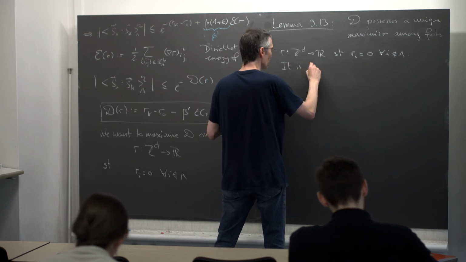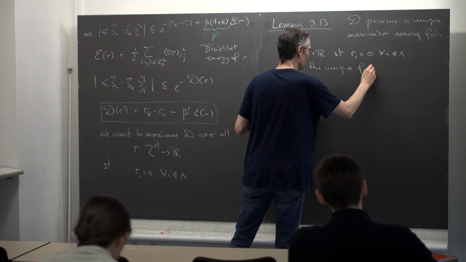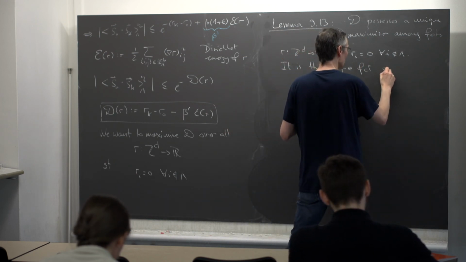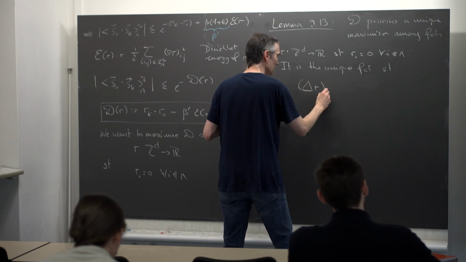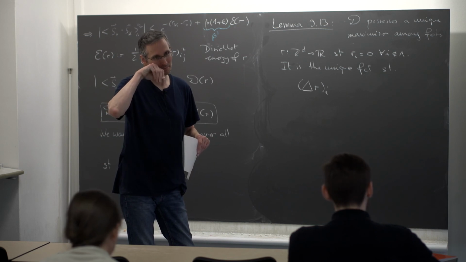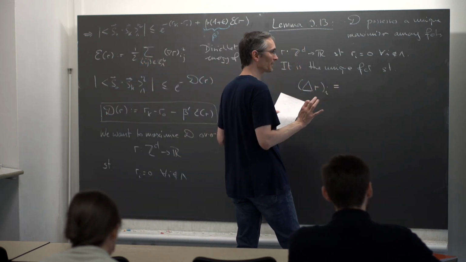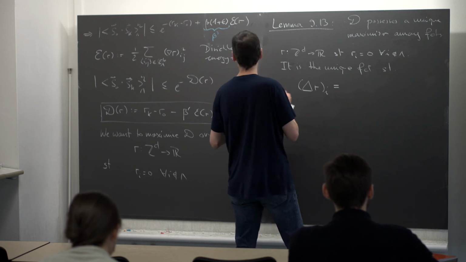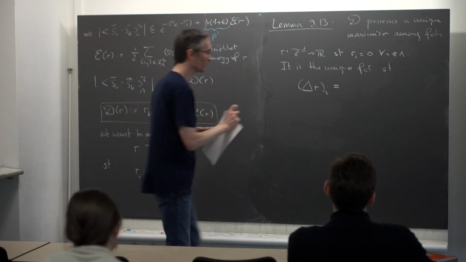It is the unique function such that the Laplacian of R at i, so it will not be harmonic as before, or not everywhere at least. What you get is that it's harmonic everywhere inside the box except at the two points 0 and k that appear here. It's not harmonic at 0 and k.